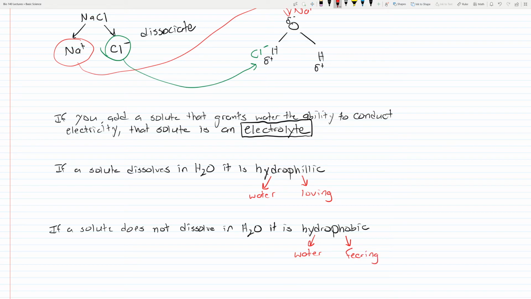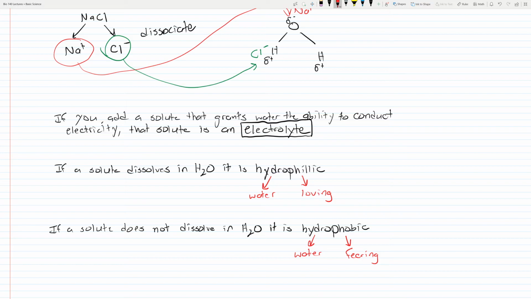So it doesn't like water. Okay, so you've seen hydrophilic and hydrophobic solutes before. Whenever you drink sugar water, or a lot of Pepsi, hydrophilic. Salt water, hydrophilic.